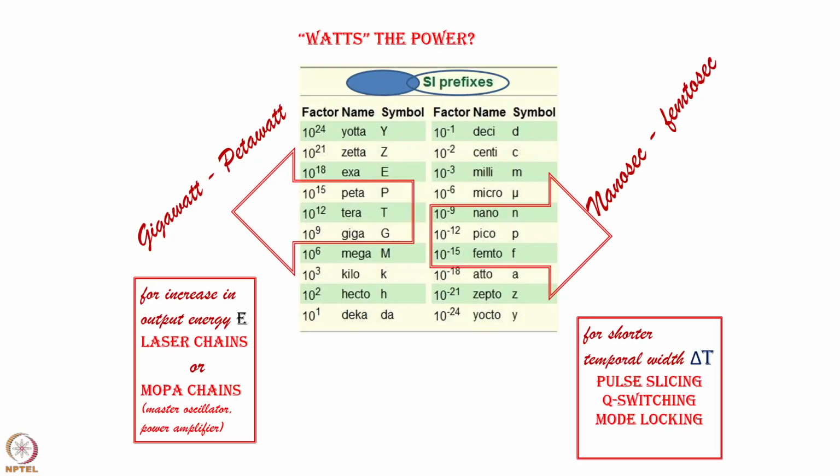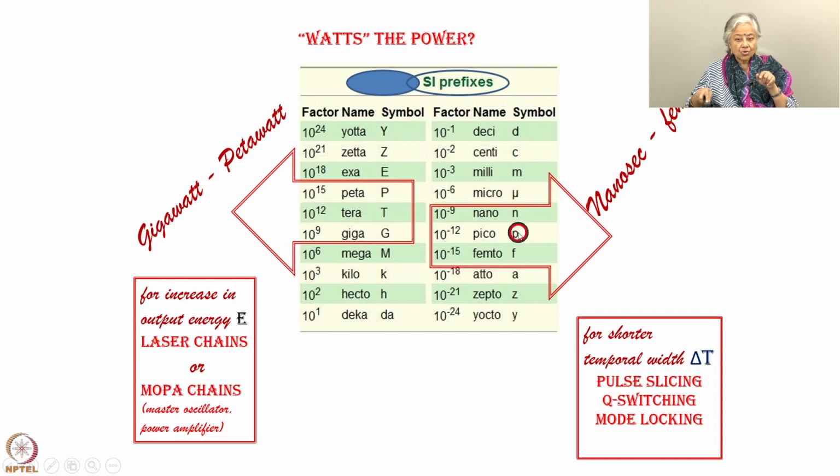Microsecond is given by micro, 10 to the power minus 6, nanosecond n, 10 to the power minus 9, picosecond is given by the symbol p. So you can write microsecond, ns for nanosecond, ps for picosecond, and femto is fs. Again, femto is minus 15.